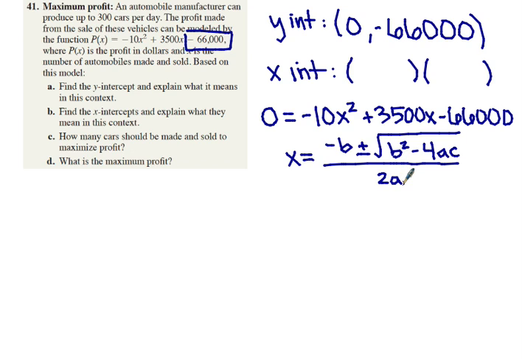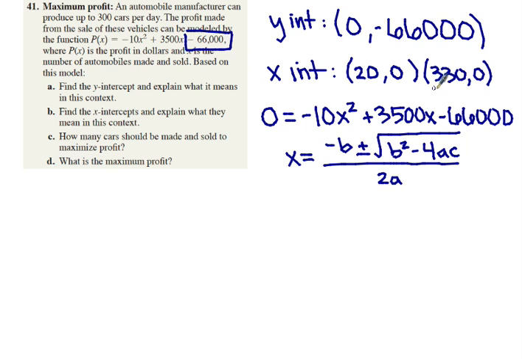And when we do that, we'll see that our x-intercepts are at (20, 0) and at (330, 0). And so in this case, what our x-intercepts mean is if I make and sell 20 cars, my company will make $0 profit, or it'll break even.